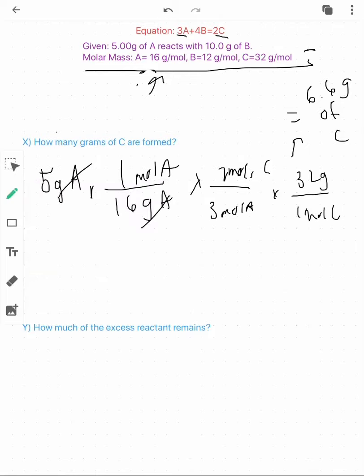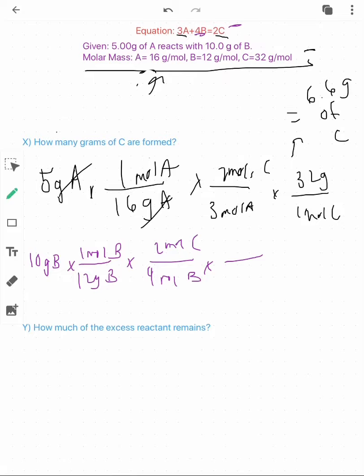For 10 grams of B, to get the moles of B, we use 1 mole of B per 12 grams of B. To get from moles of B to moles of C, we use the stoichiometric ratios again: for every 4 moles of B, we get 2 moles of C. Then the molar mass of C is given right here: 1 mole of C is 32 grams. That gives 13.3 grams of C.